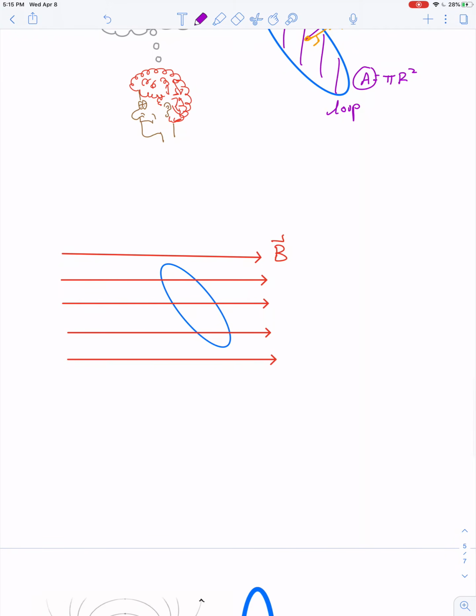Instead, in this special case, there's an area vector that's pointing at an angle relative to the magnetic field. So in that case, there is some amount of flux, and the flux is a scalar quantity calculated by taking the vector dot product of magnetic field and area. Or in other words, the magnetic flux is equal to the strength of the field times the amount of area multiplied by the cosine of the angle between the two.